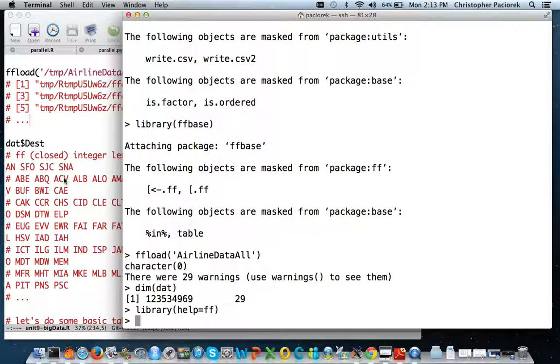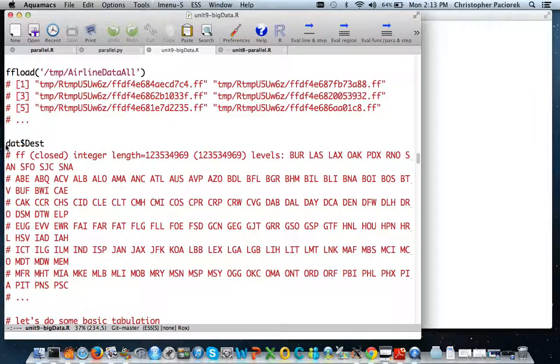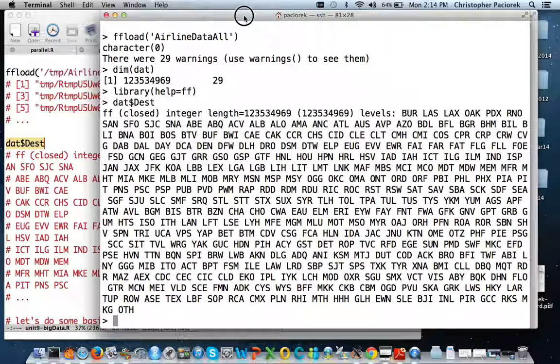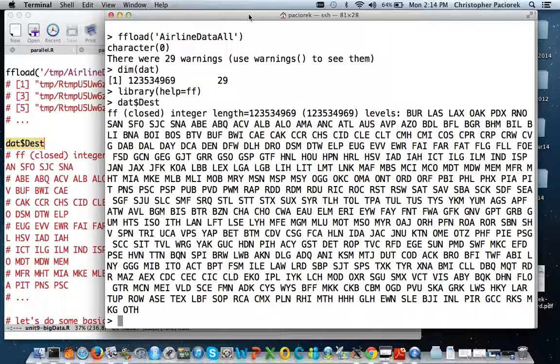Okay, so we've got the data set loaded in, and we can just look at it, and what we'll see is the sorts of things that I just commented in here from the demo code, which is that indeed this is the data set stored here, but it's not exactly in the form of a data frame.